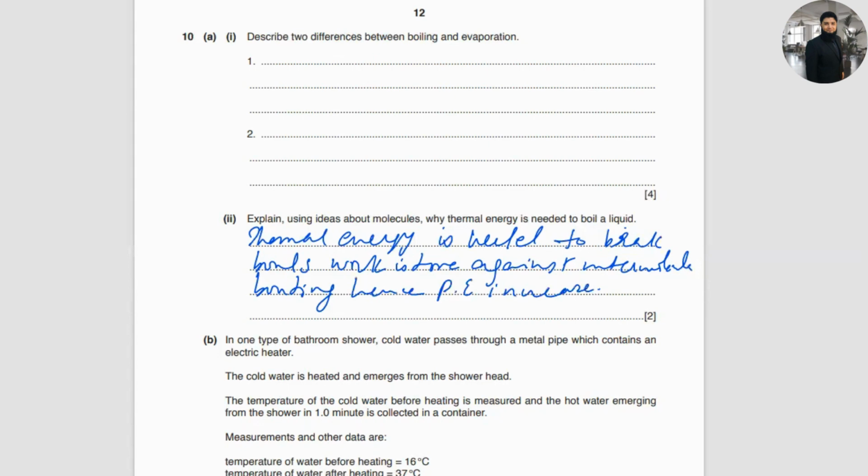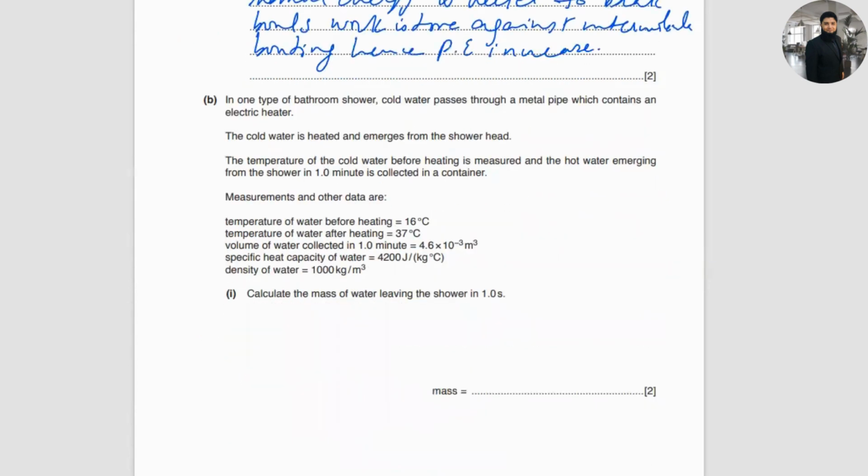Okay. In one type of bathroom shower, cold water passes through a metal pipe which contains an electrical heater. The cold water is heated and emerges from the shower head. The temperature of the cold water before heating is measured and the hot water emerging from the shower in 1 minute is collected in a container.